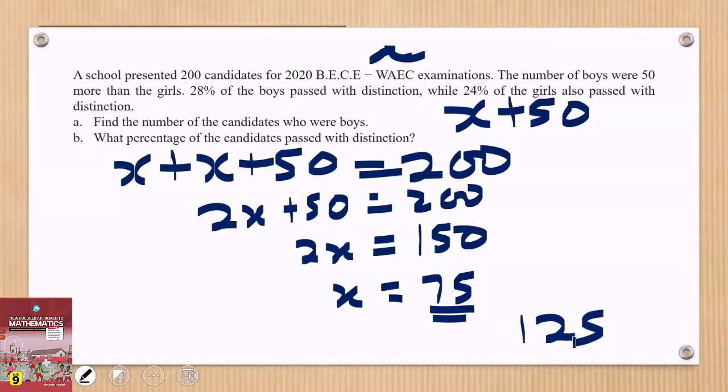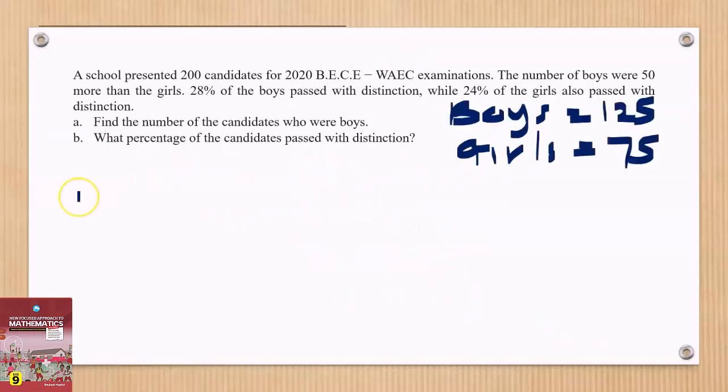Okay. All right. So that is that. So now that we know our boys were 125, it answers the first part of the question, which says find the number of candidates who were boys, and the number is 125.